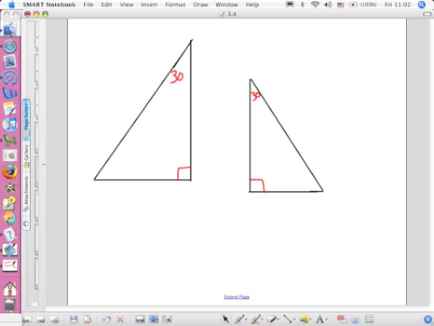All right, now I have a picture to illustrate what this is saying.